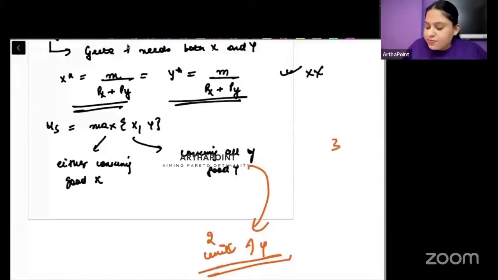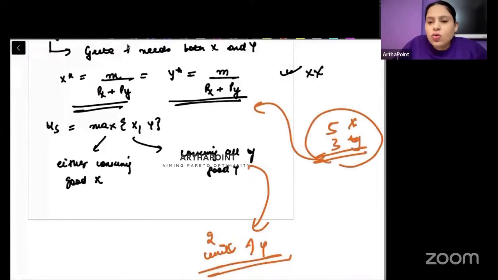Then we will be left with 3 units of good Y out of the total and all units of good X. Will this bundle be useful to Geeta? Again, no, because she needs equal amounts of X and Y. So market will not clear.